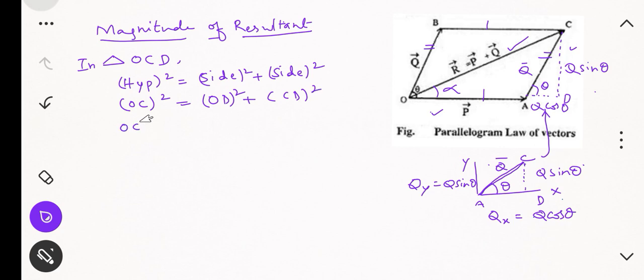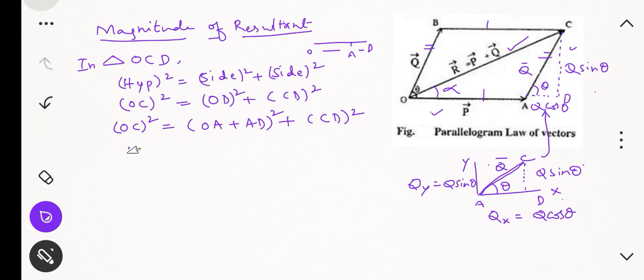Next, OC whole square is equal to OD, which can be written as OA plus AD, so OA plus AD whole square plus CD square. Now substitute the values.